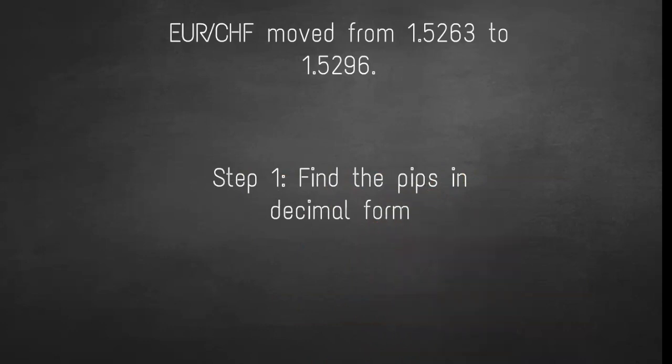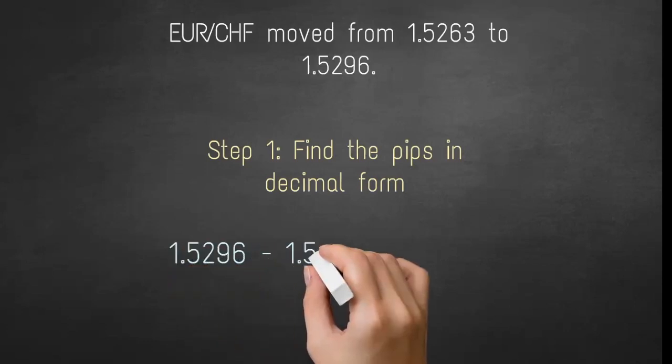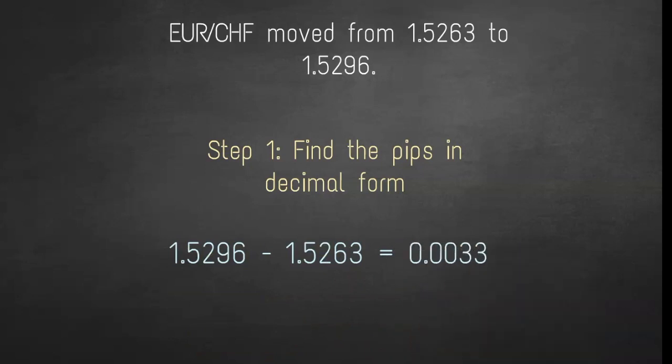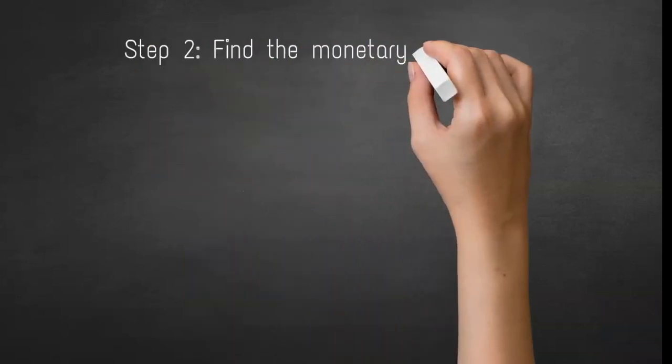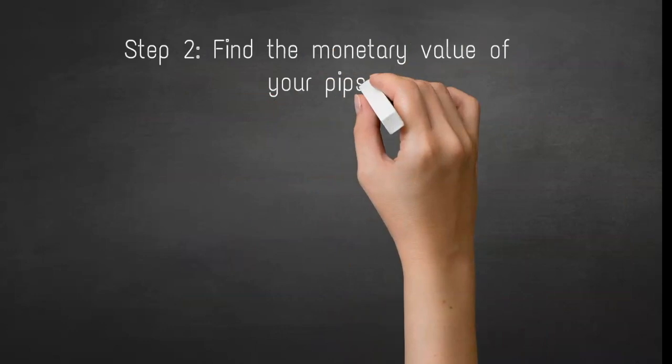So step 1, find the pips in decimal form. We're going to find the pips as we learned in the previous slide. Step 2, find the monetary value of your pips.